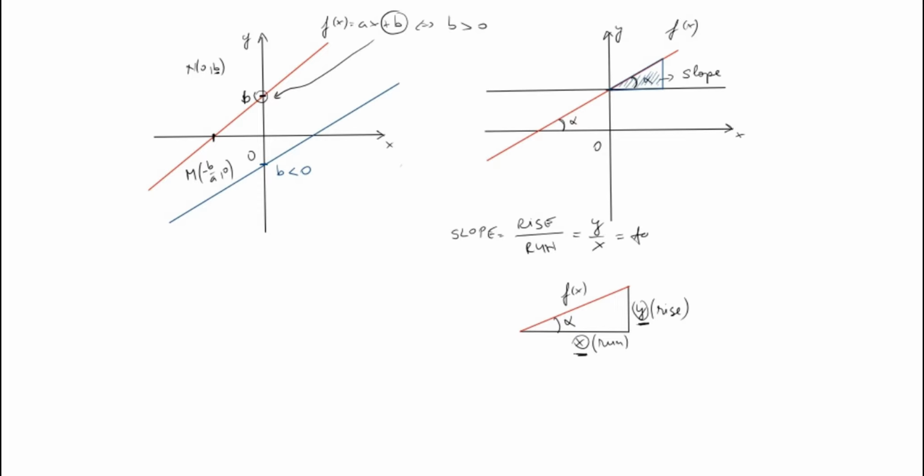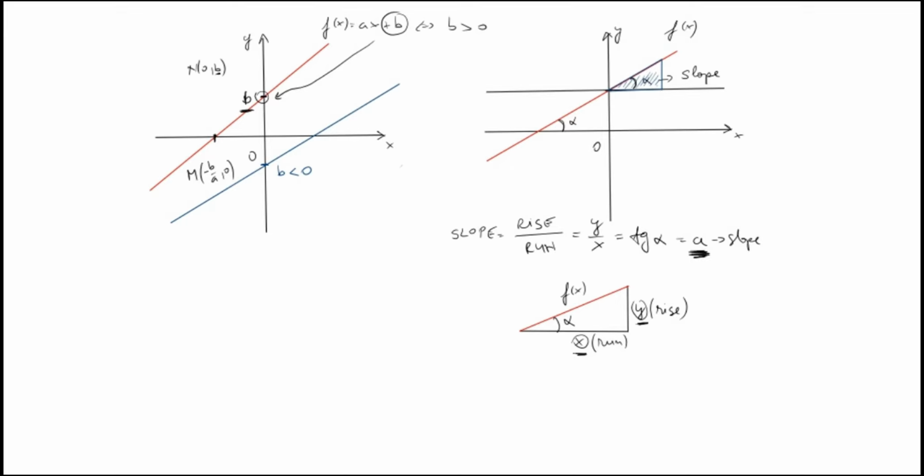This is tangent of alpha, which is basically a, the parameter a. So a is defining the slope. So we have b. B is the intersection with the y-axis, and then we have the a parameter, which is the slope. Okay, let's go to the next page.